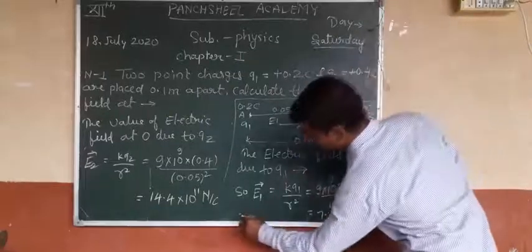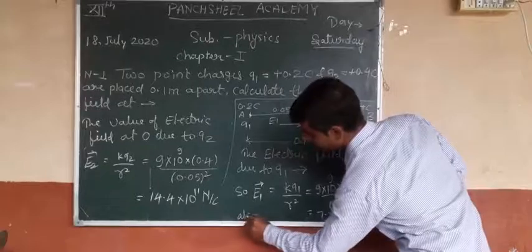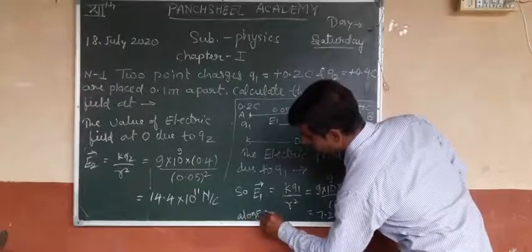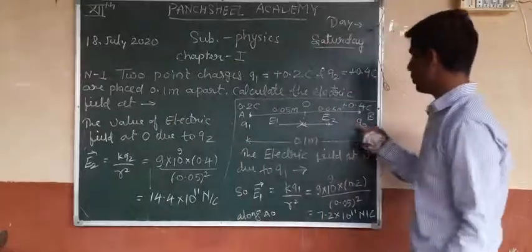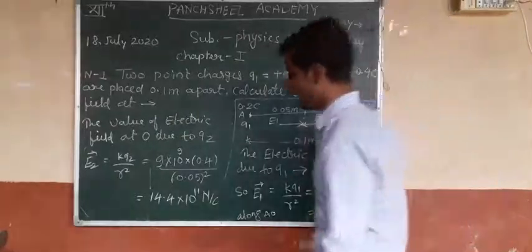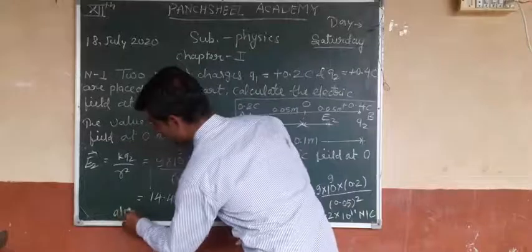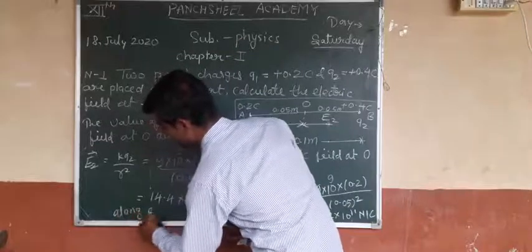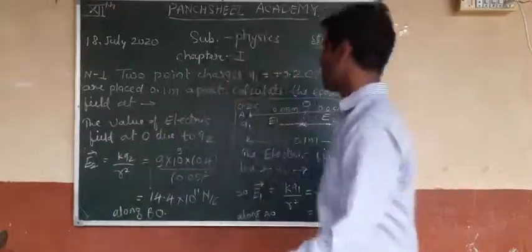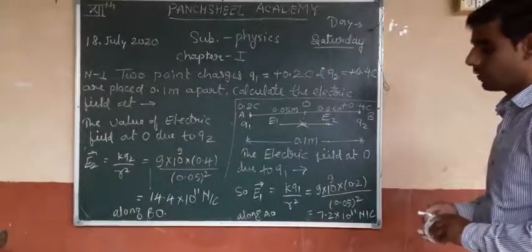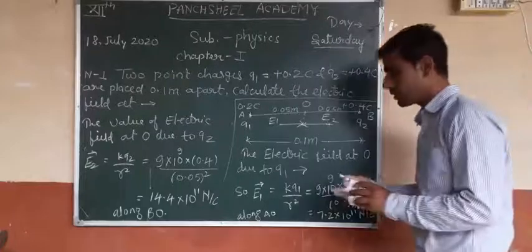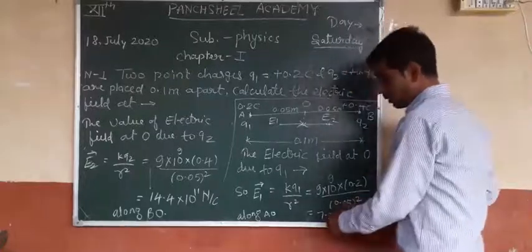E1 is along AO. And what is the direction of E2? E2 is along BO. So what is the value of resultant electric field? Which is the more value, this one or this one?